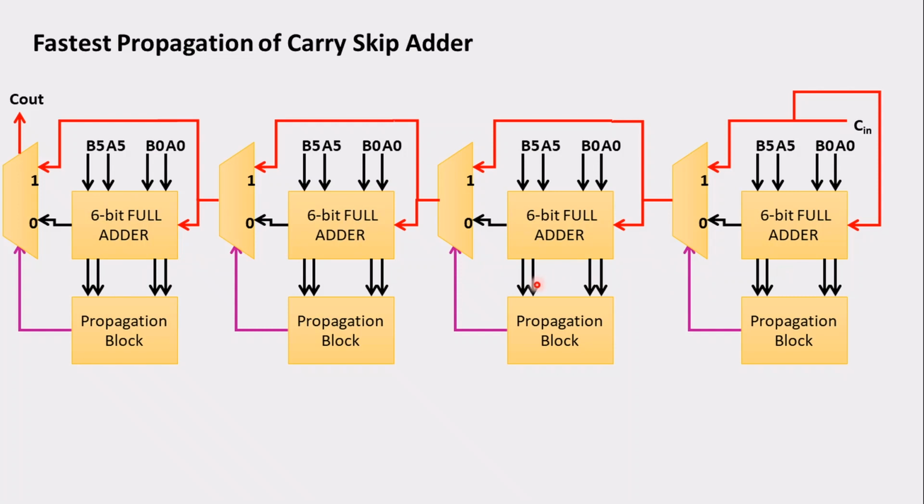Here you can observe, the ripple carry adder takes around 4 nanoseconds, but the carry skip adder takes only 1 nanosecond. This is considering that our A and B are totally different.